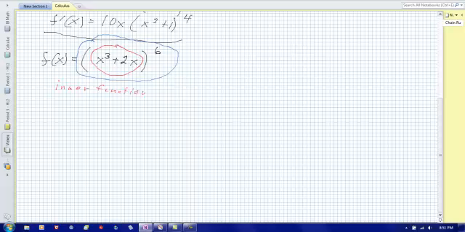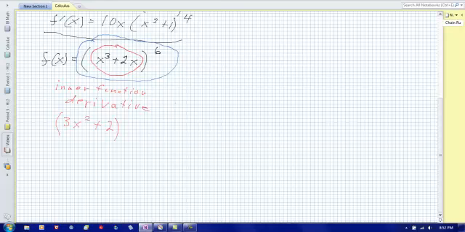The inner function's this x cubed plus 2x, so we want the derivative. And that looks like what? 3x squared plus 2, so we're just using our basic rules. Okay, we'll put that in parens.